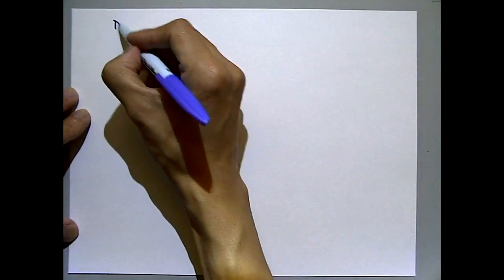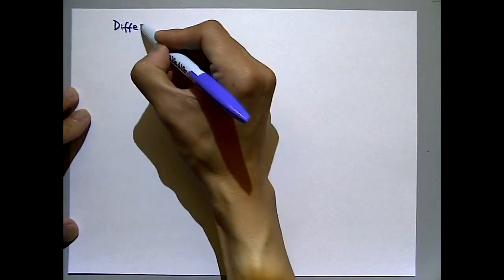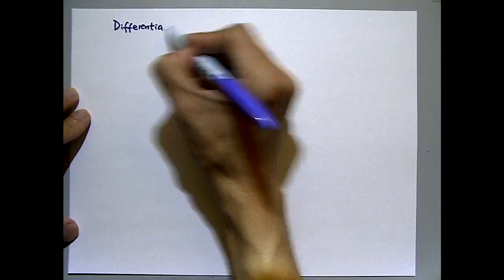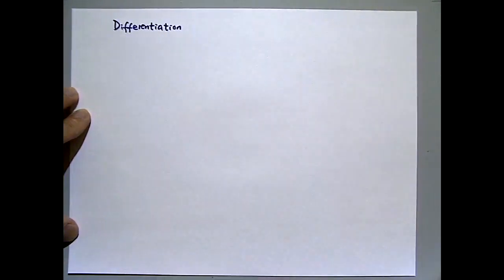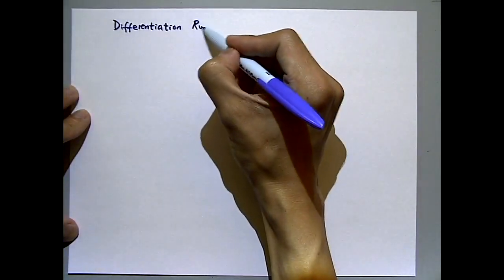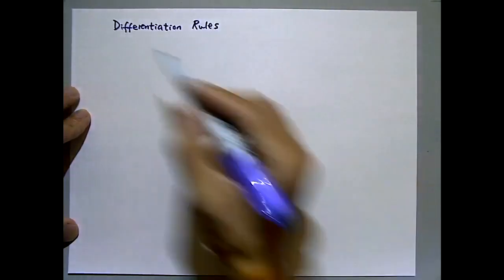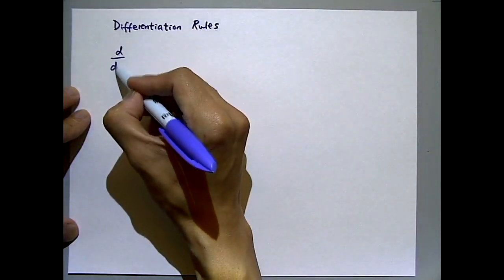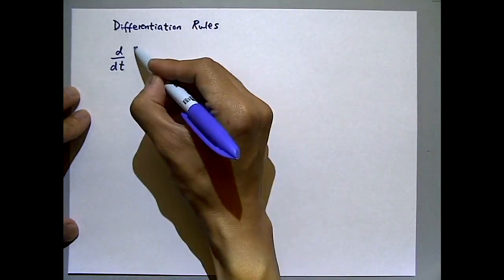Okay, now let's look at a few rules of taking the derivative of vectors. And most of these are very intuitive and make sense just by looking at it. And there's really no reason to memorize these.